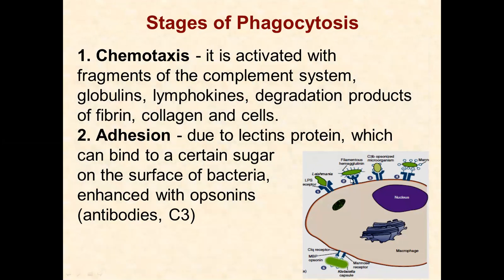Due to interaction between lectin proteins at the surface of the phagocytic cell and some sugars at the surface of the bacterial cell. And adhesion is enhanced with opsonins, which may be antibodies or component C3 from the complement system.